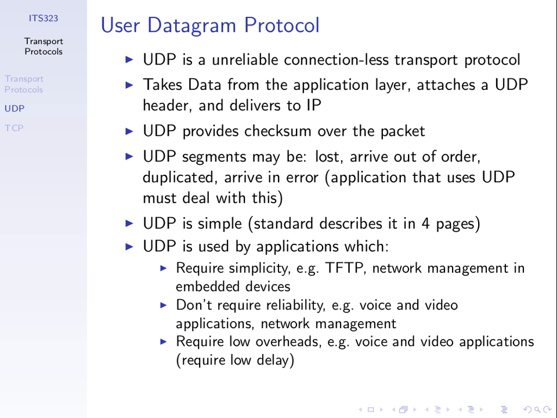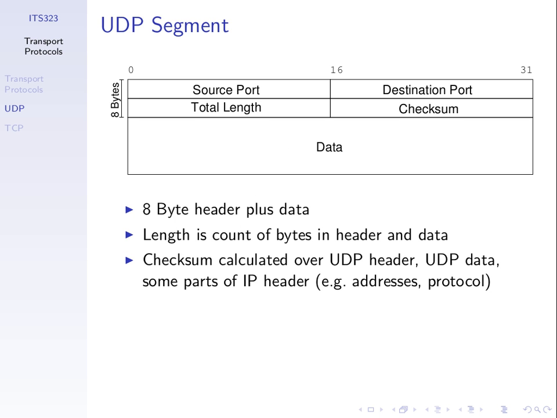UDP header looks like this. Four fields: source port, destination port, total length of the segment, which is the data plus the header, and some checksum so that the receiver can detect if there are any errors inside. We take our data from the application, attach these 4 field values, so attach the UDP header, and then send it via IP.